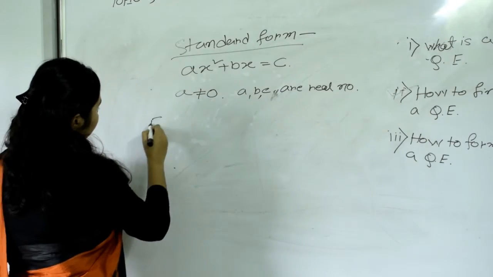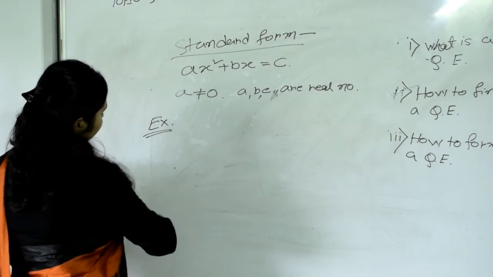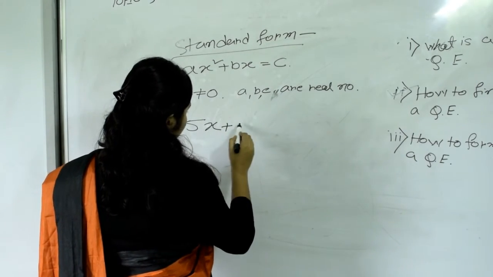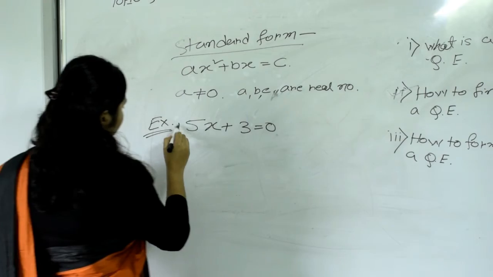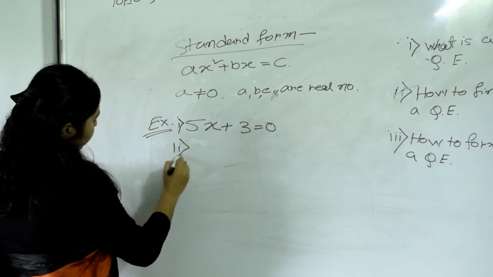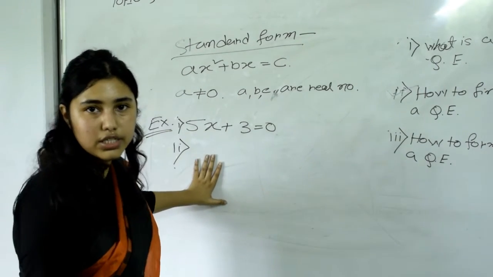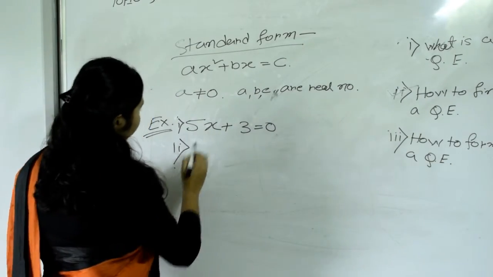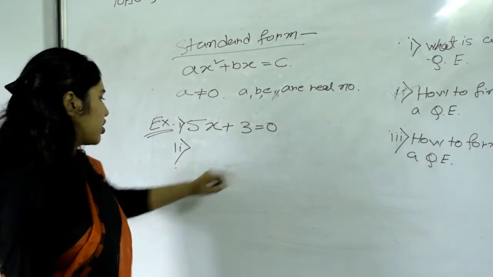Now take some examples. Tell me, among all these equations which are quadratic equations and which are not. So consider 5x plus 3 equals to 0.